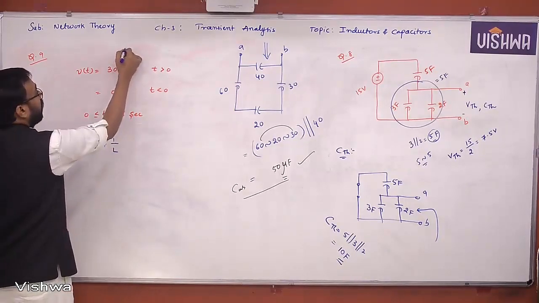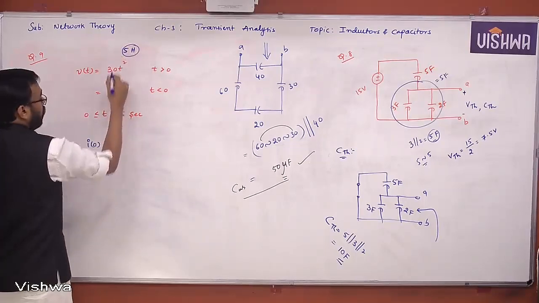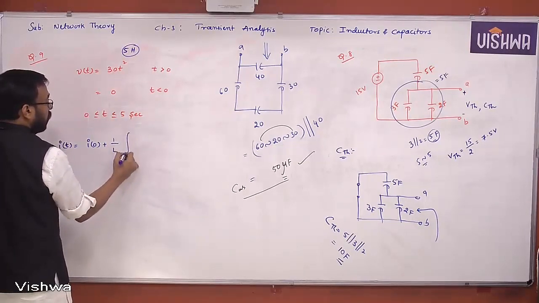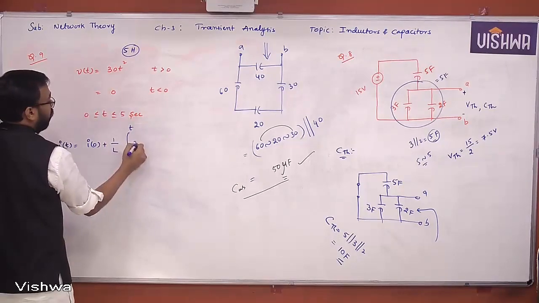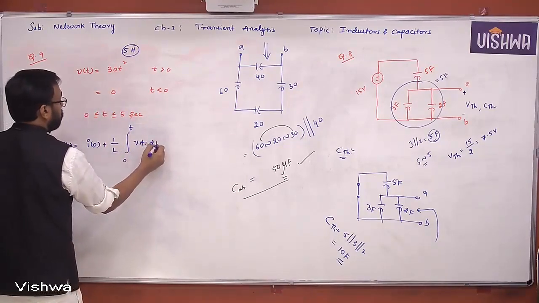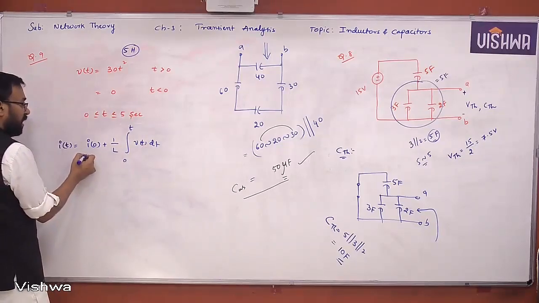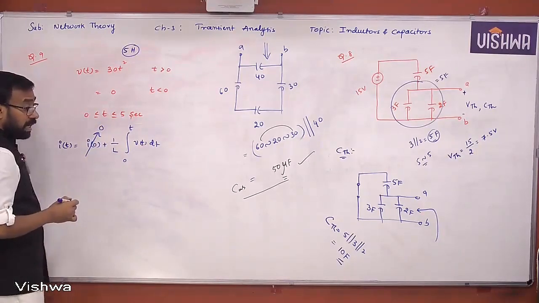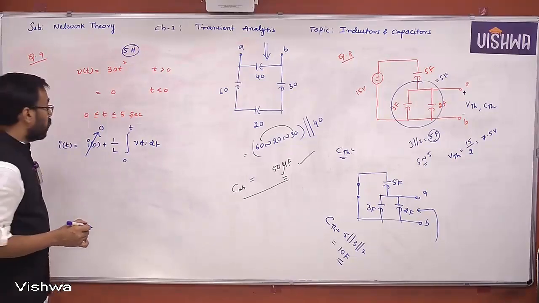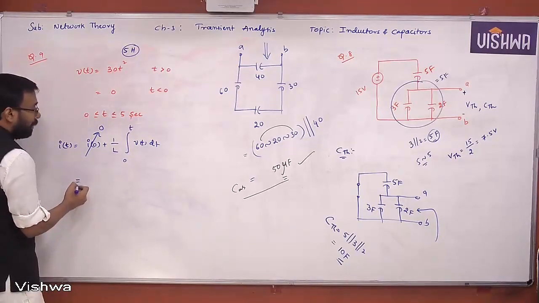So integration 0 to t of V of t dt. He did not mention anything about the initial current directly or indirectly. Therefore, it can be taken as 0.